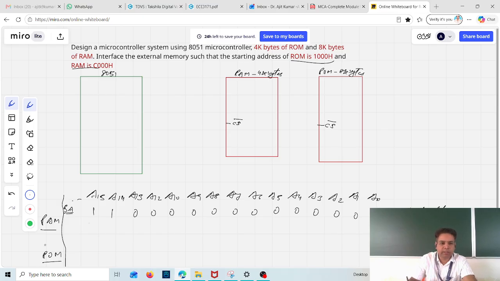I'll draw one line which will separate the RAM and ROM memory mapping.